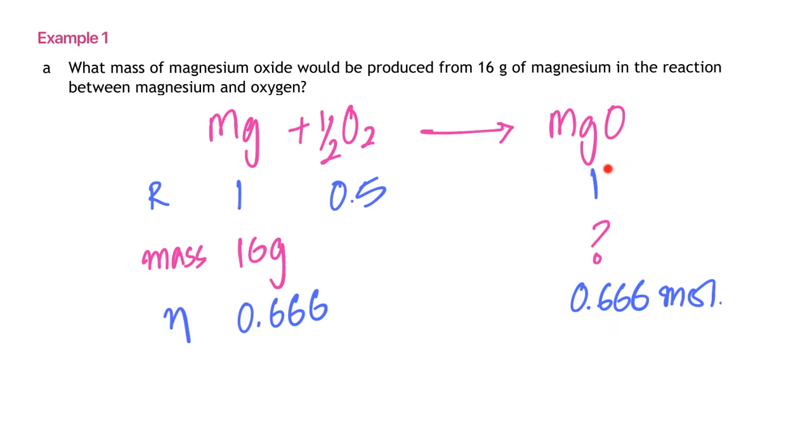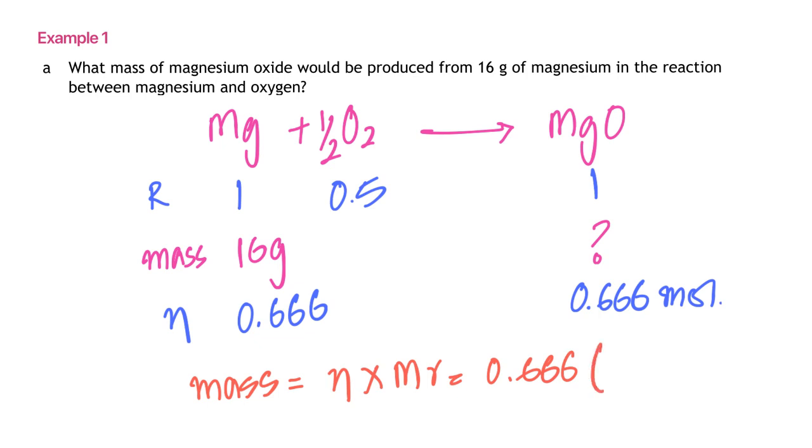तो magnesium oxide का mass इतना का कितना होना चाहिए? Well, that's just the MR of magnesium oxide times the moles. So the mass will be equal to, I'm just using the same mass over MR वाली equation rearranged. Mass equals moles times the MR, which is 0.666 multiplied by the MR. For magnesium it's 24 and oxygen it's 16.